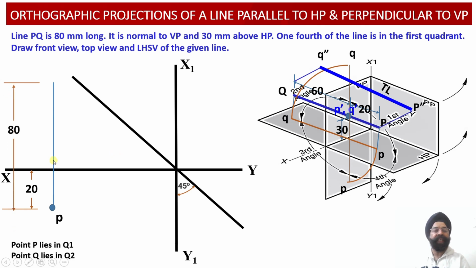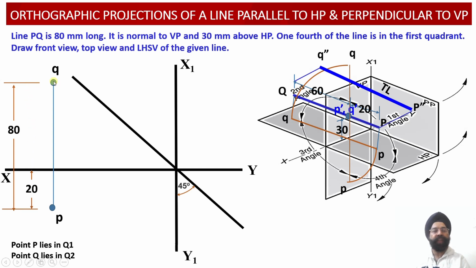So we will be taking this distance as 60 millimeter, or else take a distance of 80 millimeter from the point P, because point P and point Q are separated by a distance of 80 millimeter, because the true length of the line happens to be 80 millimeter. So either we can take a distance of 60 millimeter behind the vertical plane, take it upwards.